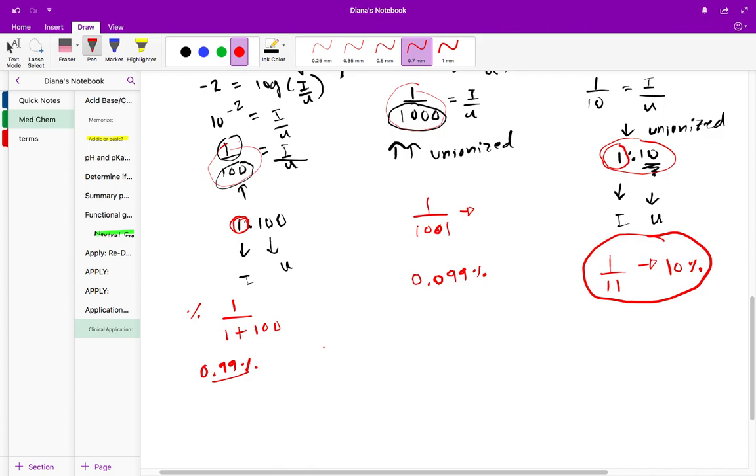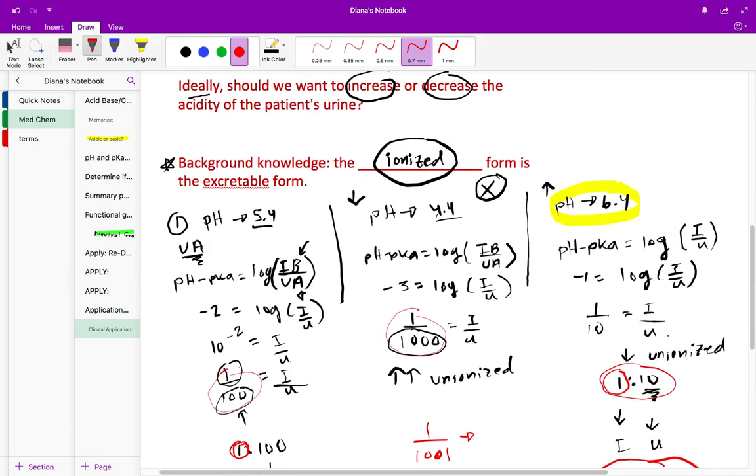So to increase the percent ionized, we would have to increase the pH of the patient's urine, and that would cause the patient to have more of the ionized form and to be able to get rid of the drug more quickly.